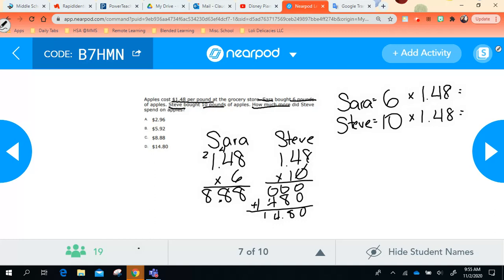Ahora dice, how much more? ¿Cuánto más gastó Steve que Sara? So, ¿qué tengo que hacer con estos dos números? Subtract. I need to subtract. So I'm going to do 1480 minus $8.80. Porque necesito encontrar la diferencia.